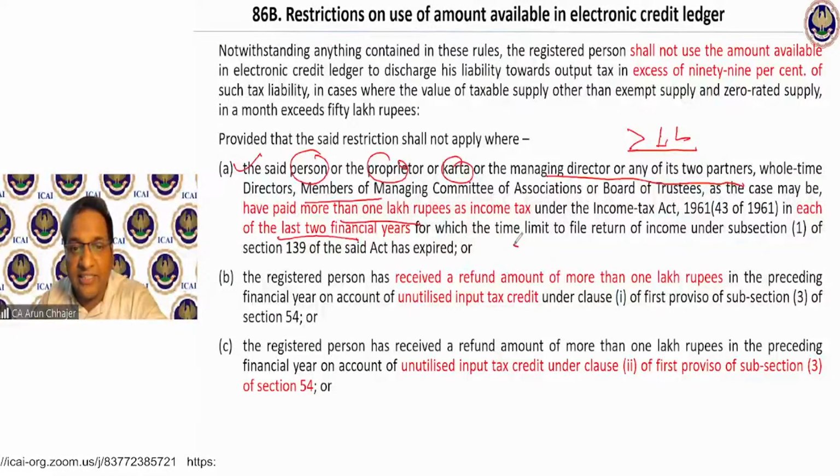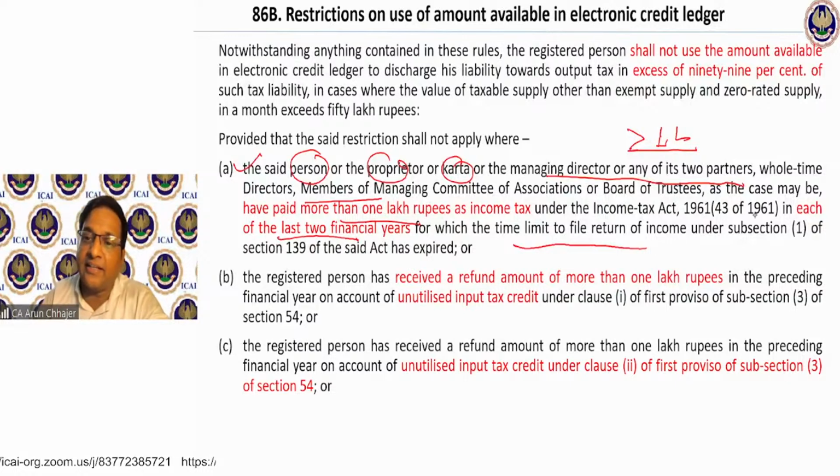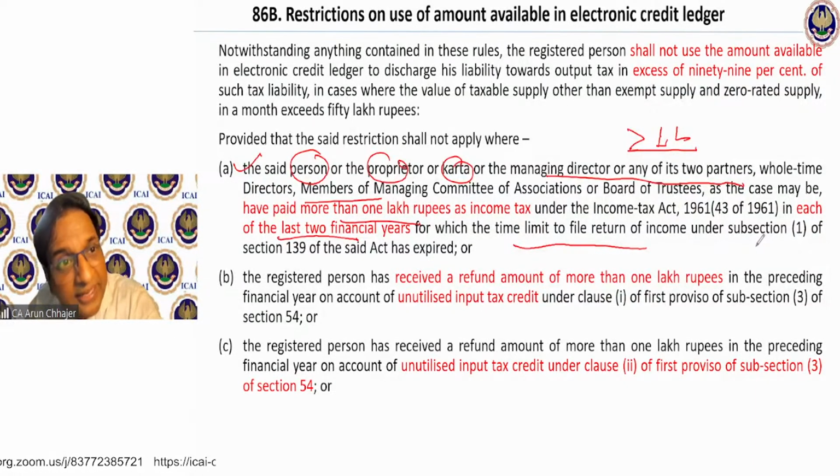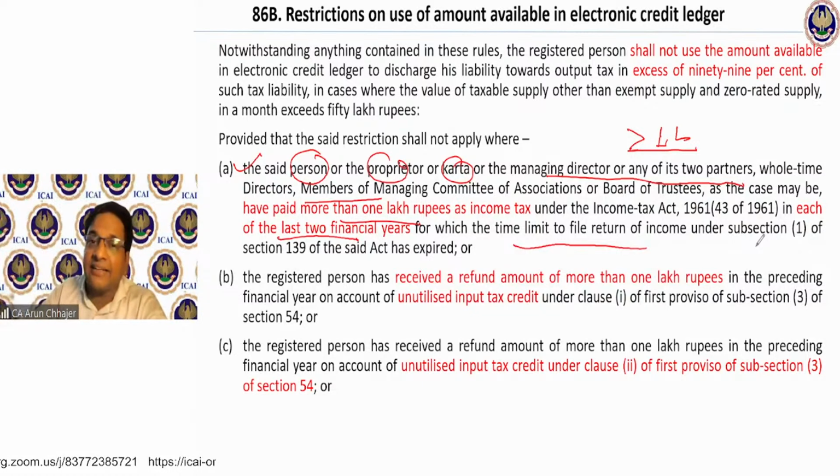The financial year for which the time limit to file the return under income tax has expired. For an individual, it will be counted as after July, whatever the due date is. After the date has expired, you will consider that return. If in the last two returns this person has paid more than 1 lakh as income tax, then this restriction will not be applicable.